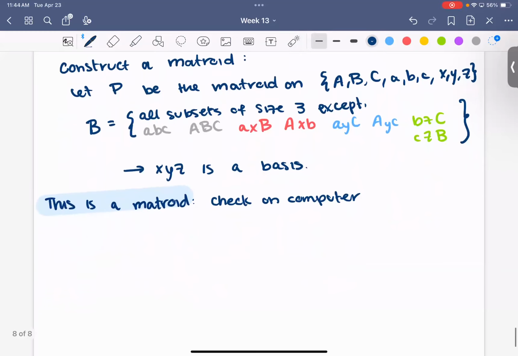And then why is this not representable? How do we get the contradiction to Pappus's theorem? Let's suppose that we have vectors that represent it, towards contradiction.